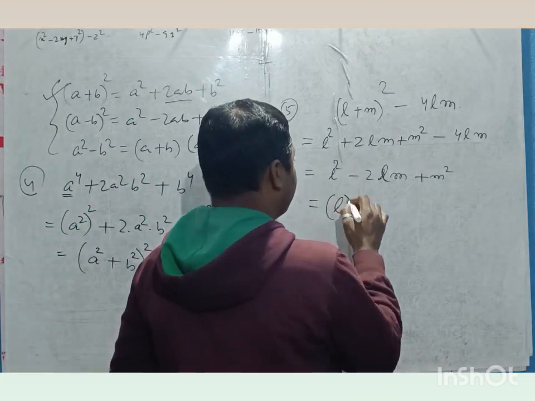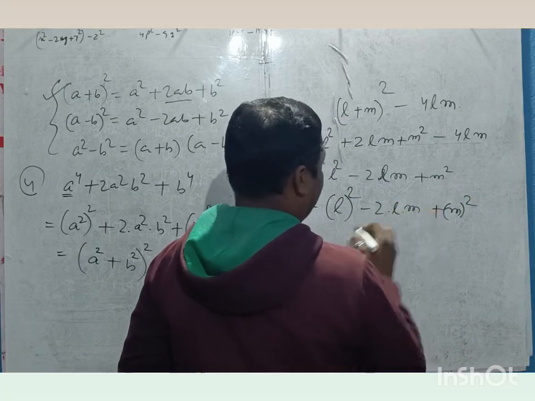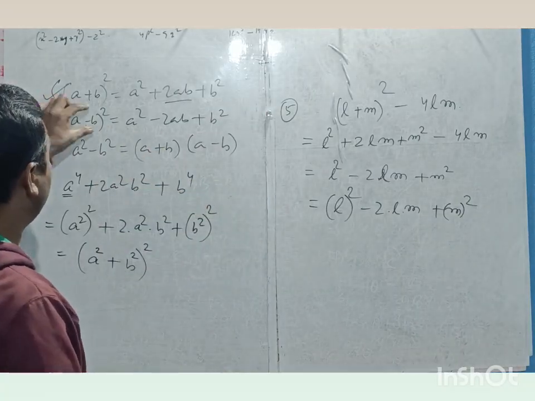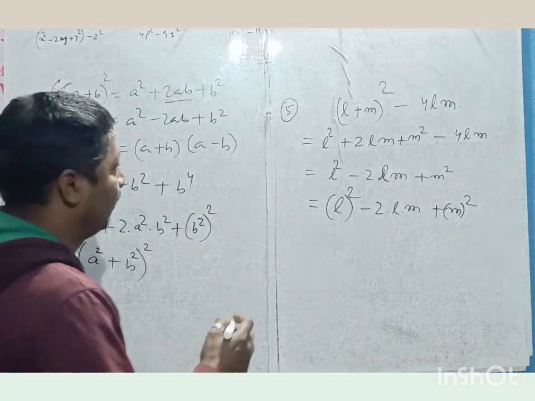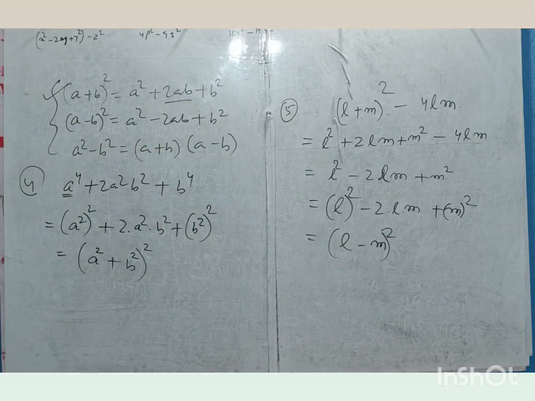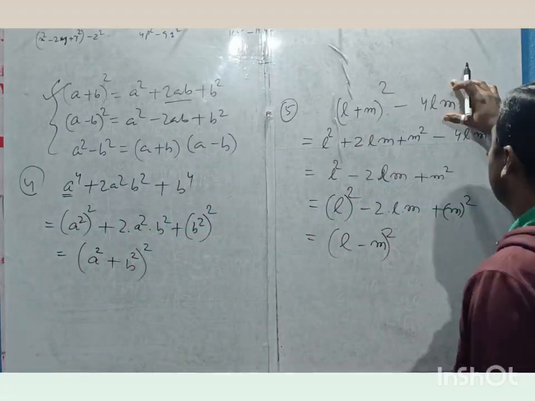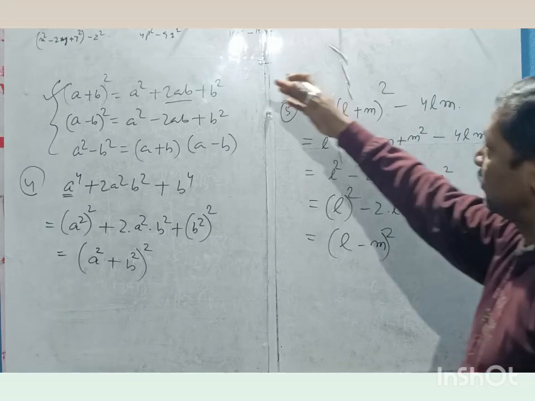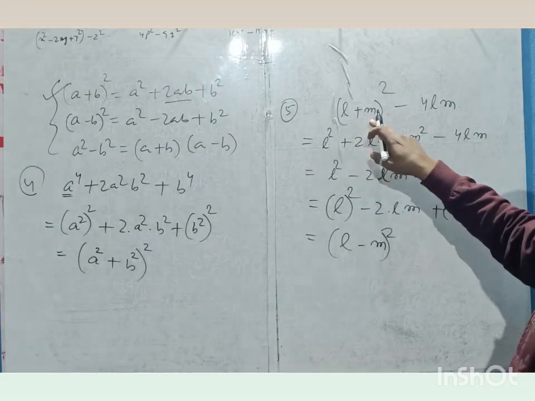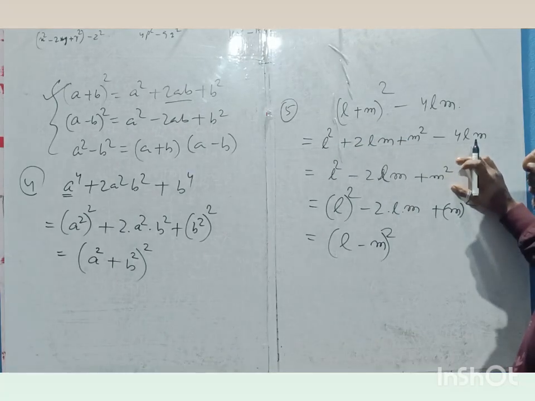So this is l², this is m², and this is 2 into a into b. This expression fits this identity. So I can write (l − m)². From the beginning of the question, it does not look like it fits any of the identities, but after expanding this one in this form, I got the path.